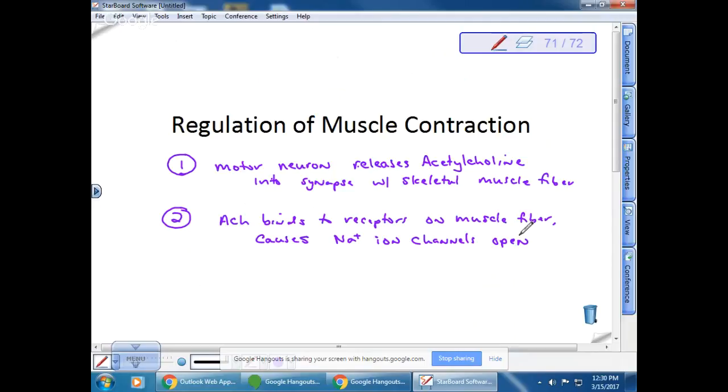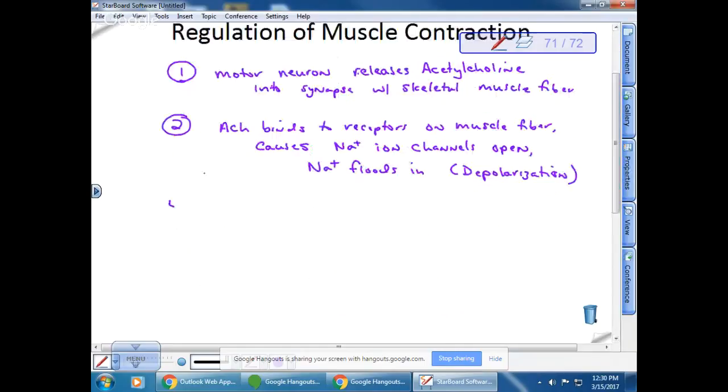We talked about how this is an excitatory neurotransmitter, and excitatory neurotransmitters always open up sodium ion channels because sodium floods in, right? So sodium floods in. And this has a name. This is called depolarization. So whereas neurons can depolarize, so can your skeletal muscle fibers. Same thing. So depolarization, remember, goes from a negative charge towards a positive charge. Okay. So I'd say acetylcholine is an excitatory neurotransmitter.